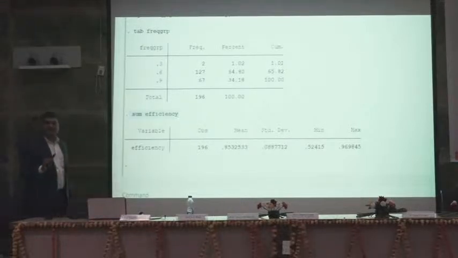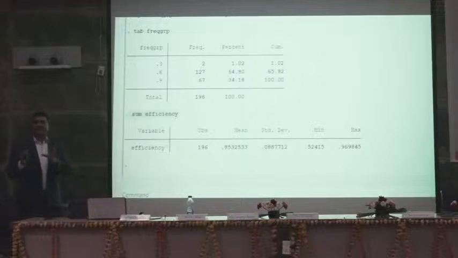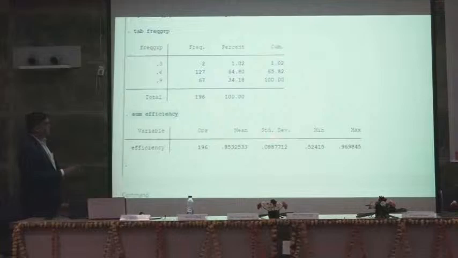Means on an average the efficiency of all the farmers out of 190 farmers, that is 80% of the farmers are efficient. Okay. And this is the standard deviation. This is the minimum value having minimum efficiency, and this is the maximum value. Okay. So this is how we can find the efficiency.